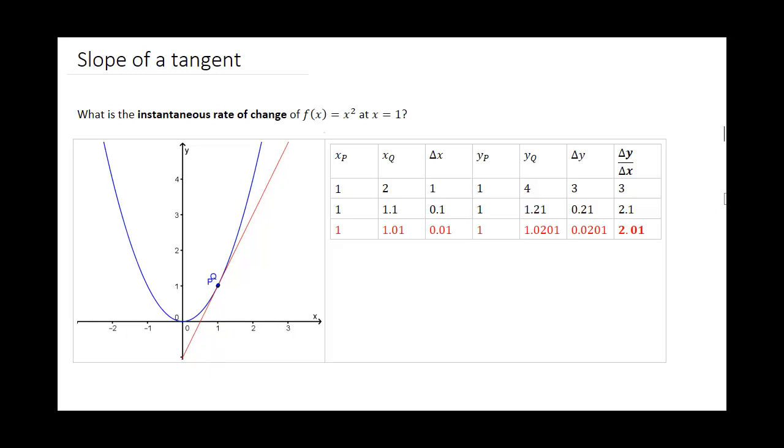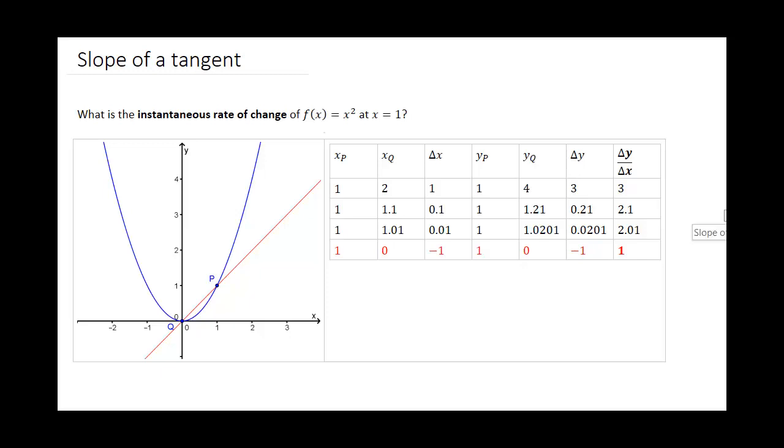A further improvement is achieved by moving Q much closer to the point P. Here we have an interval width of 0.01 or 1/100th, and our revised estimate for the slope of the tangent line is 2.01.